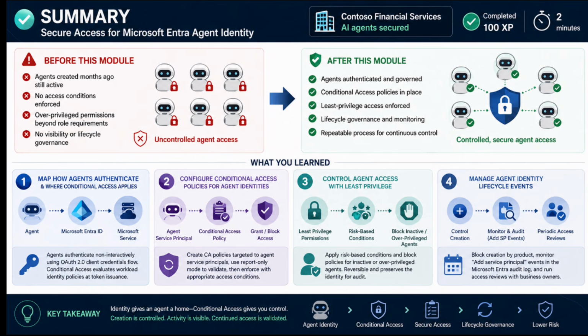And they also used block policies for inactive or overprivileged agents, which protects the resources while preserving the identity for audit purposes. And finally, the team established a lifecycle process by controlling new agent creation, monitoring service principal audit events, and performing periodic access reviews so that continued agents must be regularly validated.